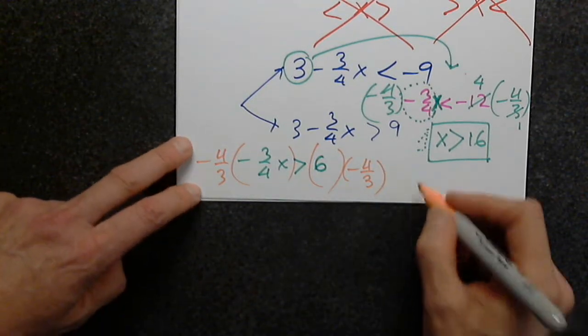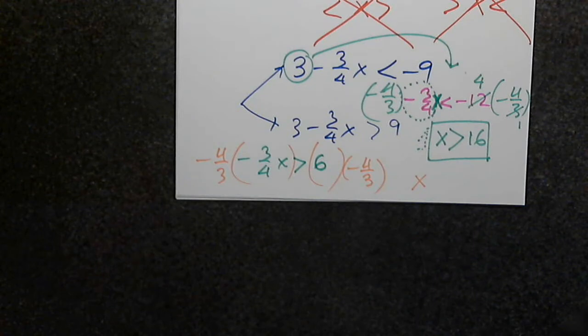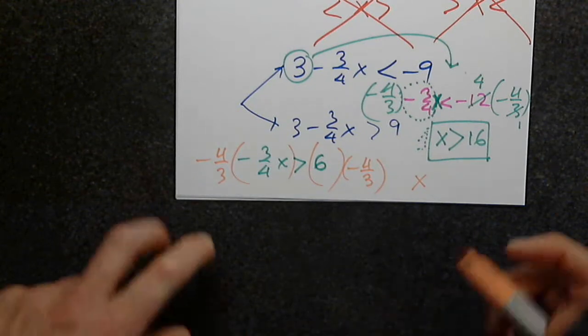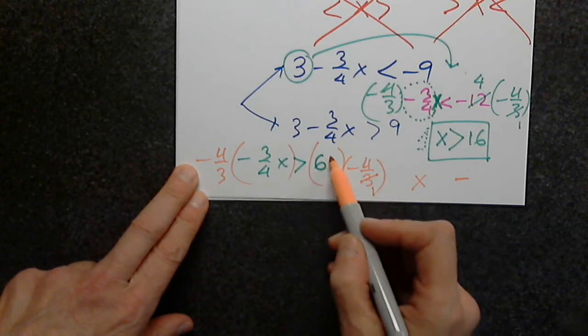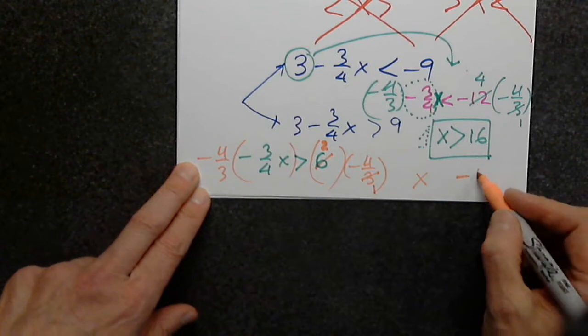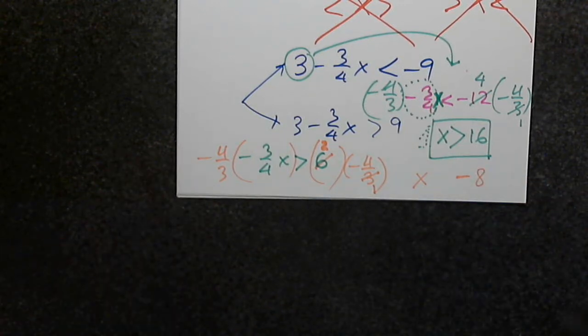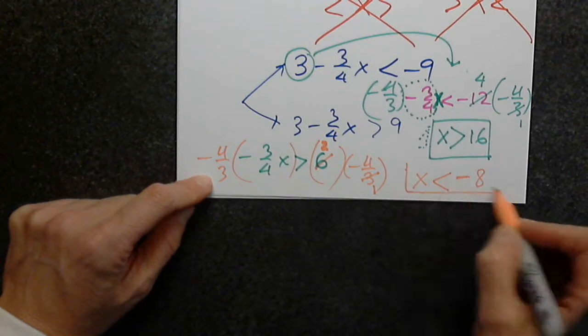The left-hand side is obviously x, but now I have to figure out the right-hand side and the sign first. What is the sign of 6 times negative 4/3? Awesome. And I'll simplify. 3 divided by 3, 6 divided by 3. What do I have on the right-hand side? Awesome. I have to think again, because I multiply both sides by a negative number. What do I have to do? Very good. It was greater than, and now it's less than.